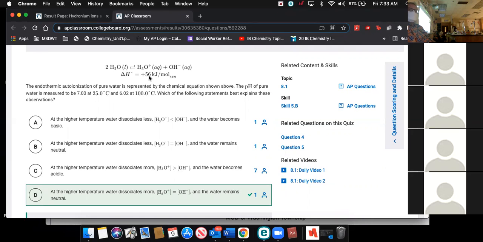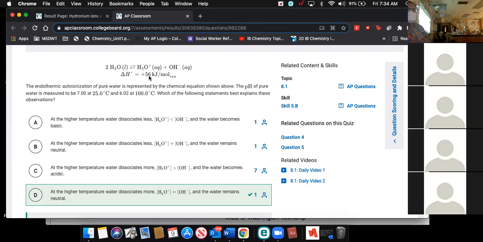If we increase the hydrogen ion concentration, the H3O plus, the hydronium, whatever you want to call it, then if we take the negative log of that, it will be less than 7, right? Right. So that's why as you increase the temperature, even though you get a higher hydronium ion concentration, it does affect the pH.